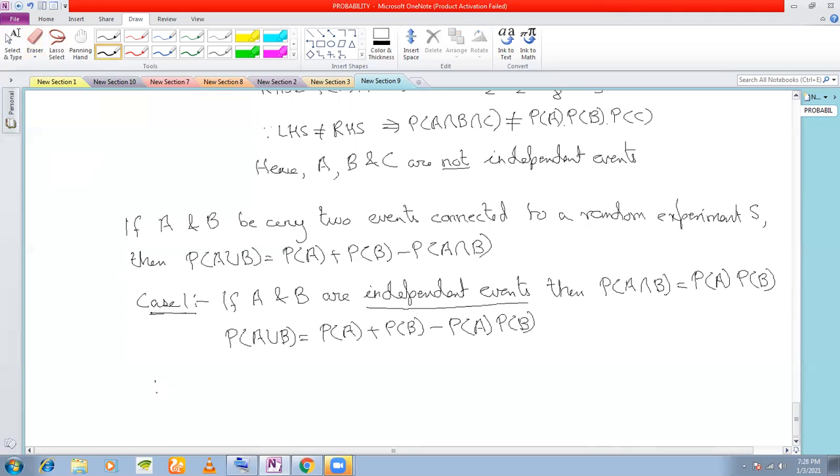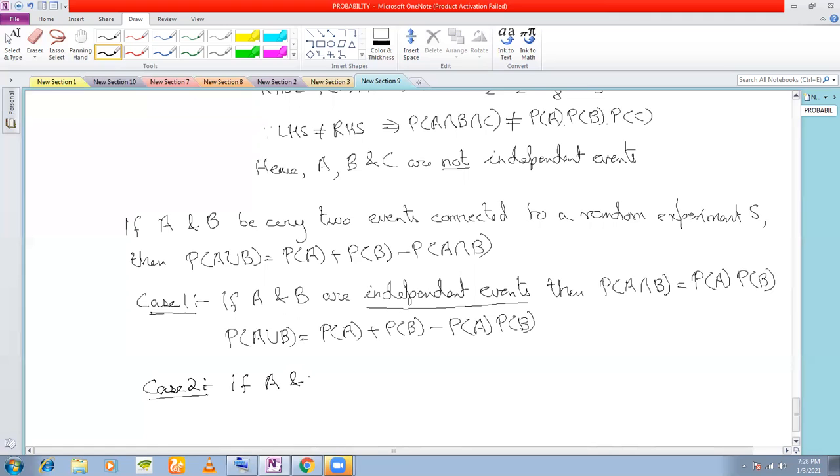Second case. In the second case, suppose you don't know that A and B are independent events. Okay. But you want to calculate P(A union B) if A and B are not independent events.